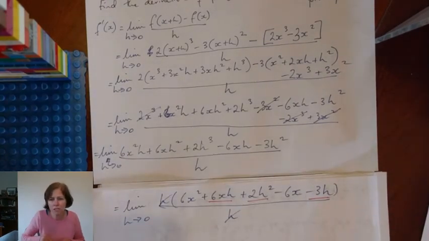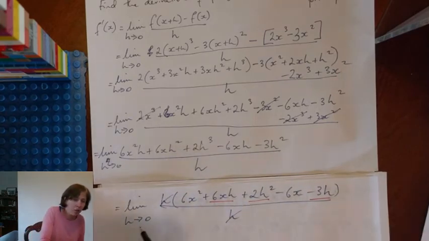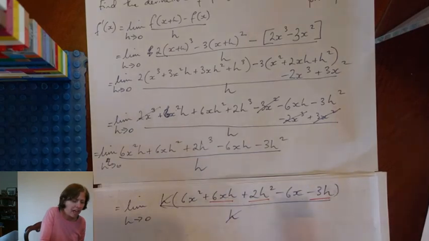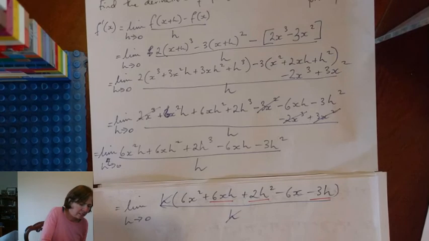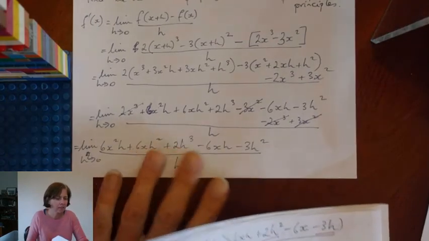So what I'm left with, now I lose my limit sign because I'm saying, all right, what will happen to this expression as h approaches 0? I'm left with this and this: 6x squared minus 6x.